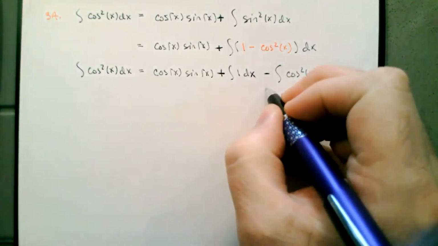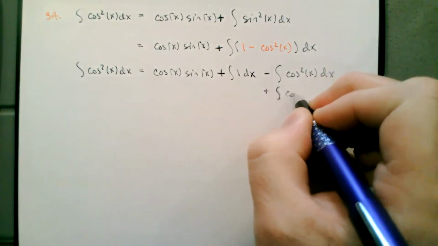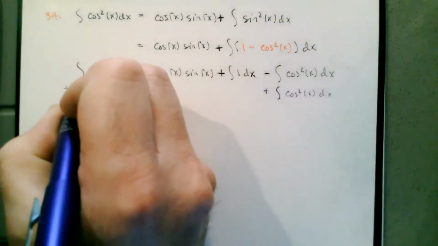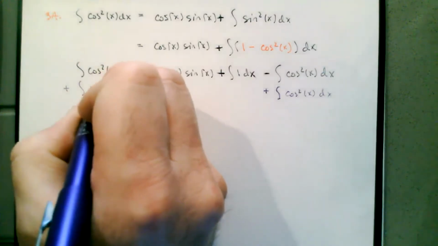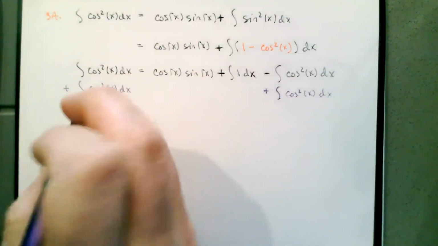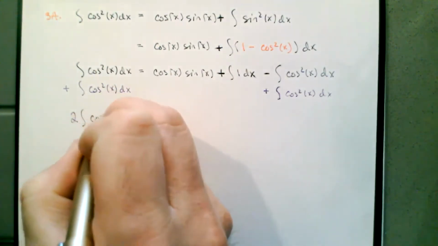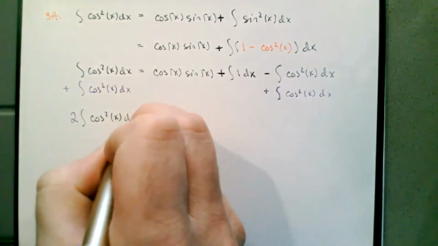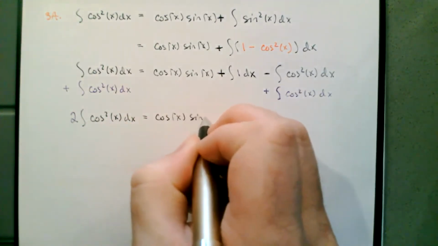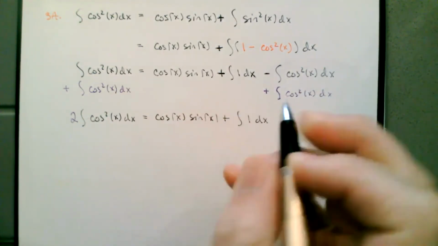So if I add a copy of integral cosine squared x dx to both sides, I will end up with two integrals of cosine squared x dx is equal to cosine x sine x plus the integral of 1 dx.